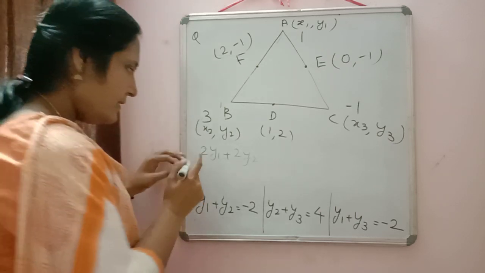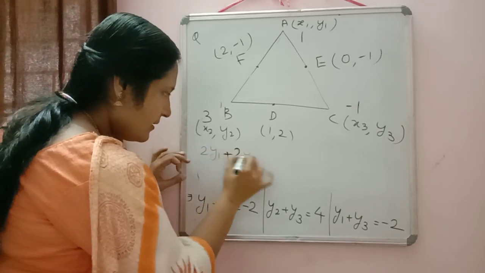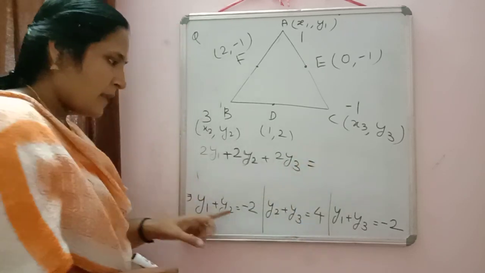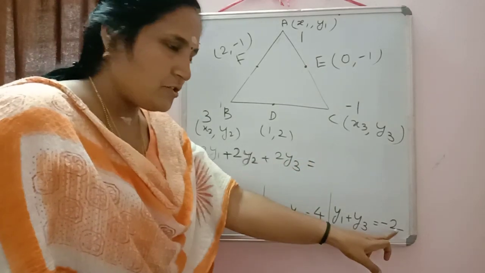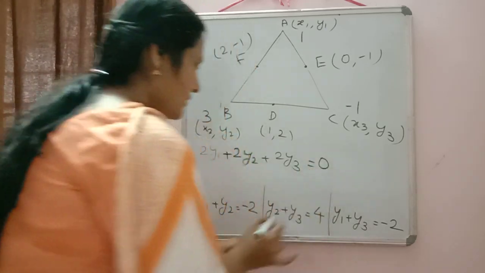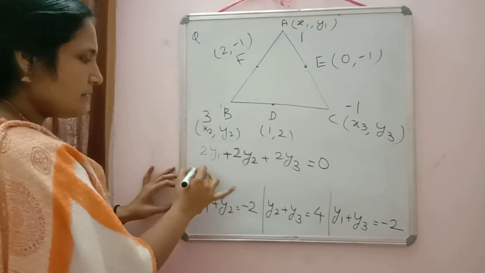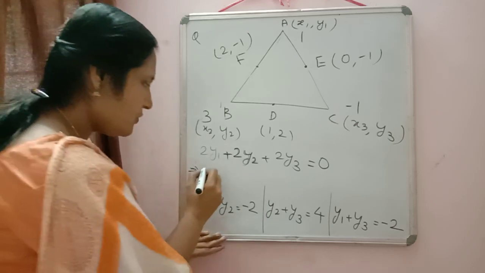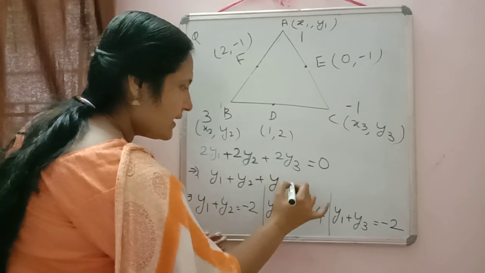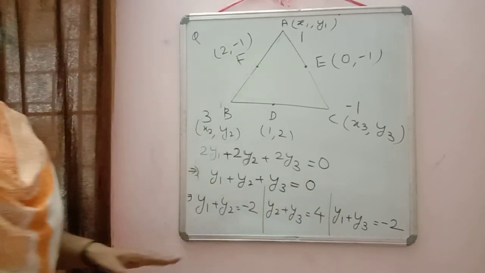Yes, we are getting 2y1 plus 2y2 plus 2y3 is equal to minus 2 minus 4 plus 4, 0. Again, each expression is divisible by 2. We can cancel it by 2. y1 plus y2 plus y3 is equal to 0.